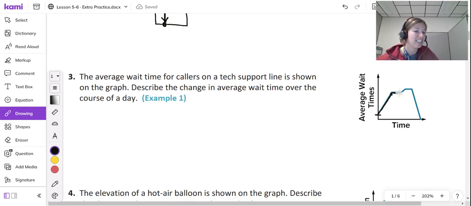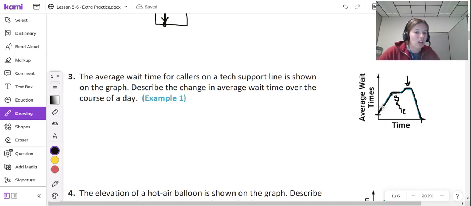It hits a pretty high wait time, then increases to its peak wait time, and then decreases at a constant rate until probably close, where there's no wait time, where they're closing. So again, this flat part is steady, where it stays the same.